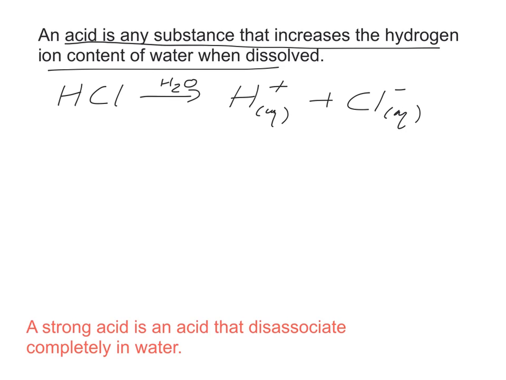Now, the problem is we have a hydrogen ion floating free in water. Well, remember the shape of our water molecule. Our water molecule is bent, but it's a bent shape derived from a tetrahedral. So we have these two hydrogens swept back in one direction, and then we've got two lone pairs of electrons sticking out in the other direction. These two lone pairs of electrons are pure, unadulterated negative charge. And you've got a hydrogen ion, which is a proton, pure, unadulterated positive charge.